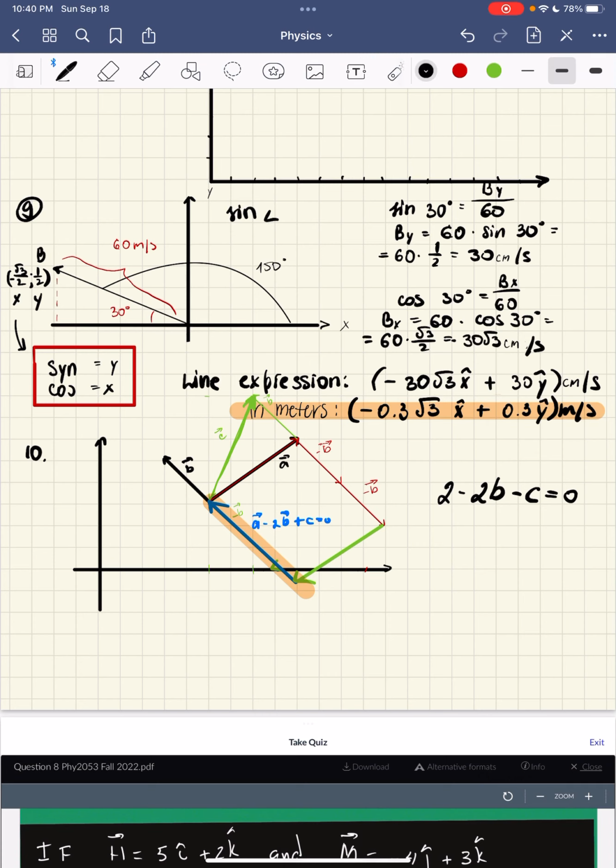Sine of an angle equals opposite divided by hypotenuse. So if we look at the picture, if we want to find sine, we do opposite divided by hypotenuse, which is already known and is 60, it should be centimeters per second.